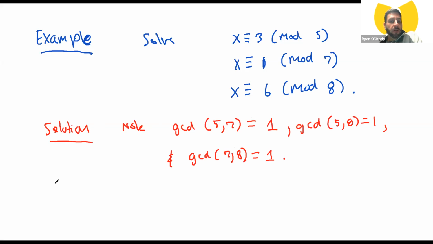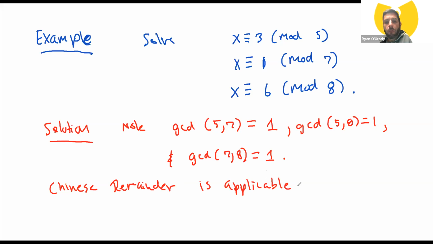So this means the Chinese remainder theorem guarantees a solution that is unique. The only way the Chinese remainder theorem works is if I have this scenario. If you want to use a tool, you have to make sure the hypotheses are met and that the tool is applicable. In mathematics, that's what it means. We have to make sure the stage is set, as they like to say.